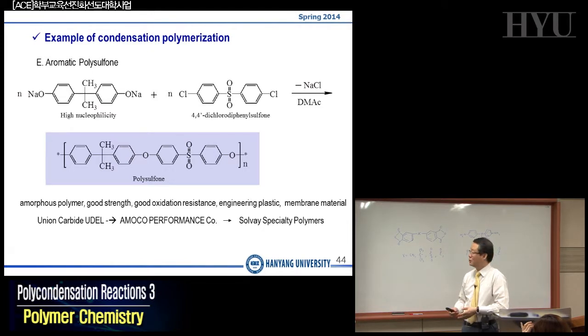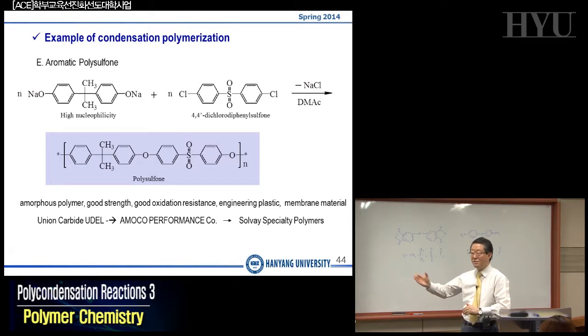it was sold to Amoco because about 30 years ago there was a very big disaster, the explosion of the chemical company in India. We call it the Bhopal accident, and Union Carbide had to provide the funds to compensate the patients.